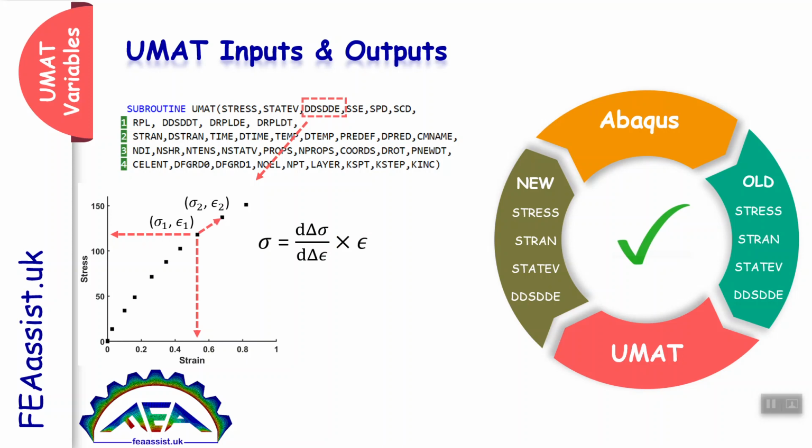So if you have stress as a function of strain, then by taking a derivative, you can define the DDSDDE for your formulation. We call this slope of the diagram DDSDDE. This is the nature of this variable. For all variables, based on your equation, you need to well understand the nature and the source of the variables. For example, in the elastic regime and for elastic problems, the elastic stiffness matrix is the DDSDDE matrix.